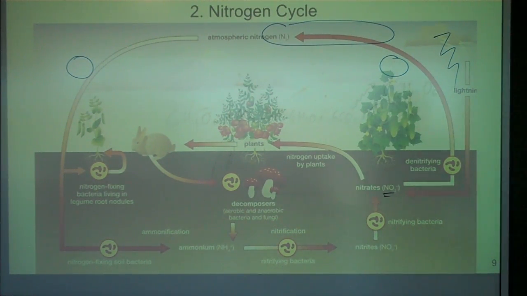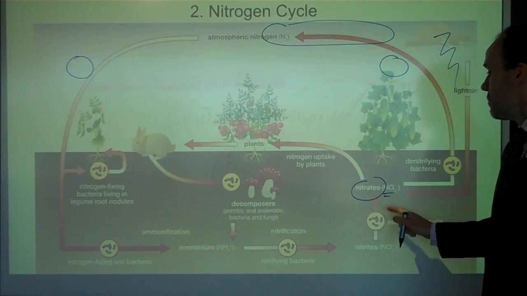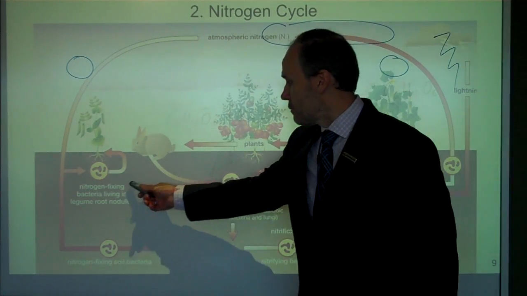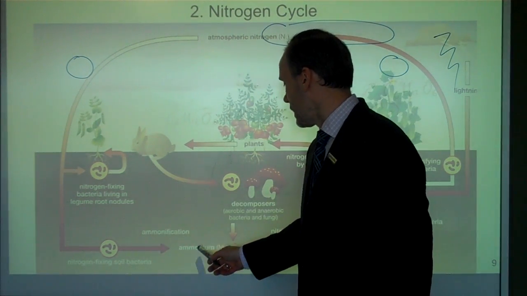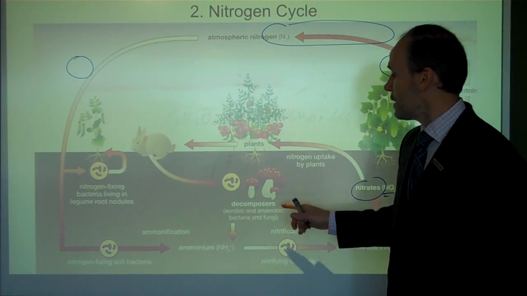So lightning is a great way of naturally producing nitrates. These ones here. What is it the plants can use? Nitrates. But nitrogen-fixing bacteria and then ammonification and then nitrification is all needed to get to this part here where plants can use things.